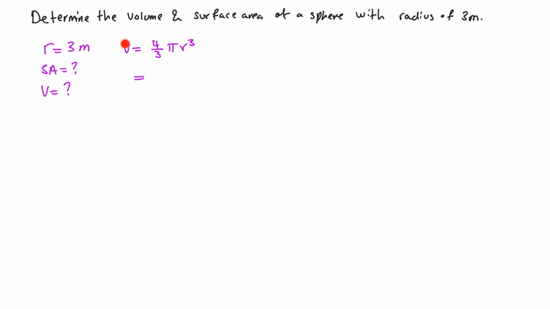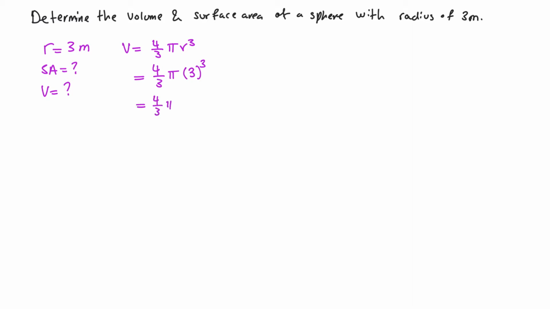So to find the volume, we just need to substitute this value into the r value here. So I get my volume as 4 over 3 pi, my r value is 3, and then I'm going to cube that value.